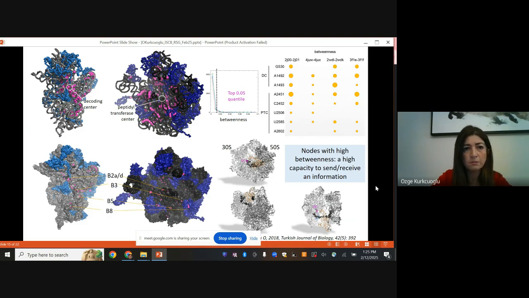So this may give clues about the allosteric mechanism of the ribosome. We also determined that several intersubunit bridges, especially bridge 8, may serve as hubs in the structure, so they may also be evaluated as new drug binding sites.